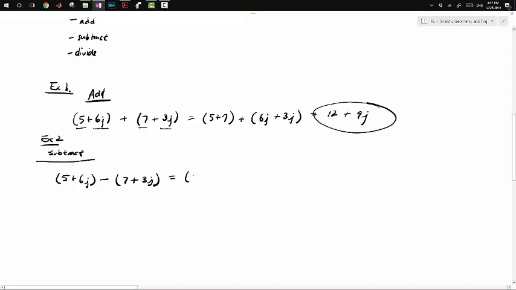So it would be 5, and I'm distributing this negative to both terms, so 5 minus 7 plus 6j minus 3j. And if we simplify this, this will be negative 2 plus 3j.